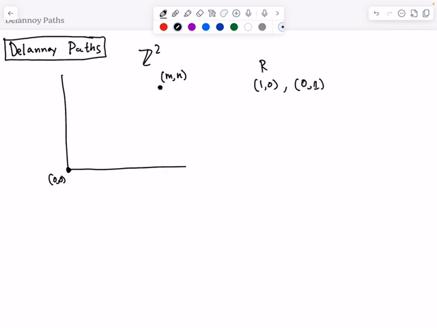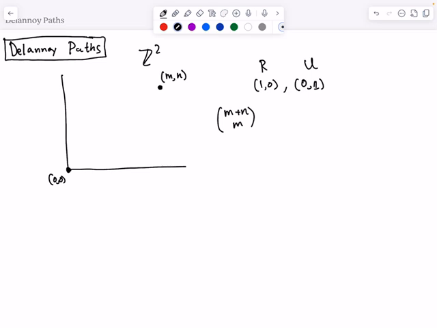I'm going to denote these as R and U. So to get to the point (m, n), we'll need a total of m R's and n U's. And so in the case of a lattice path, there's simply (m+n choose m) such paths.